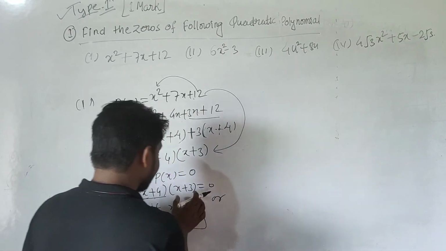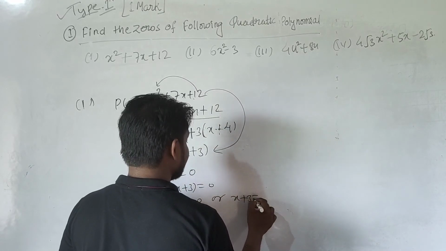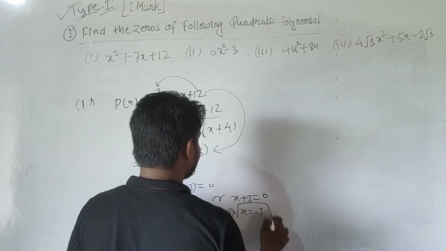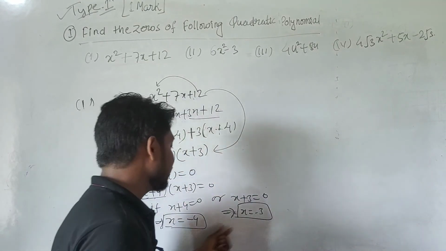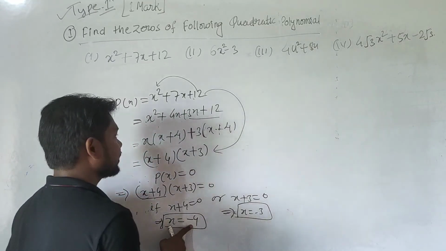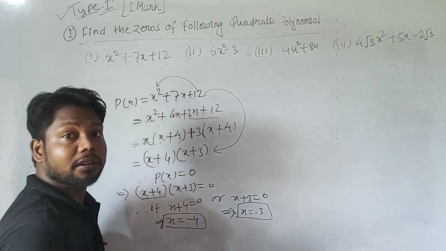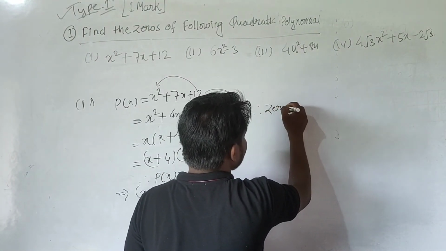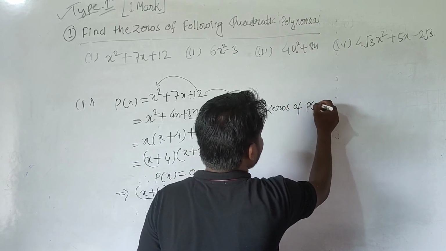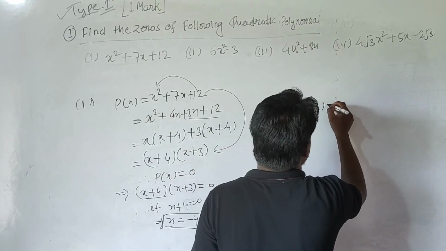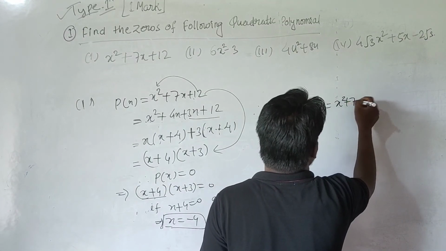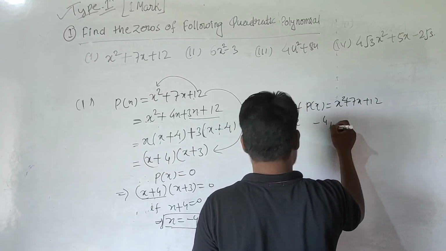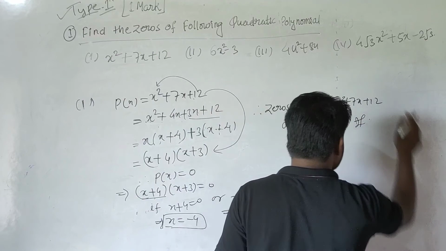Or if x plus 3 is equal to 0, this implies x equal to minus 3. So these are the two values of x which are the zeros of this polynomial. Therefore the zeros of polynomial p of x, x square plus 7x plus 12, are minus 4 and minus 3. So this is the answer.